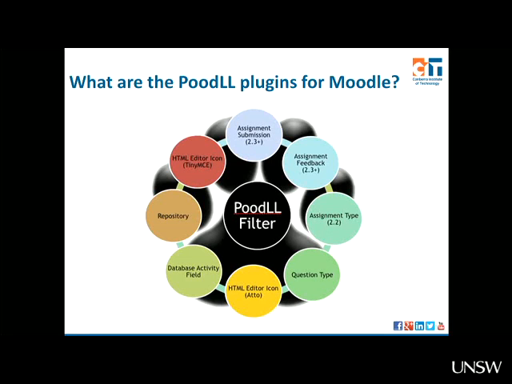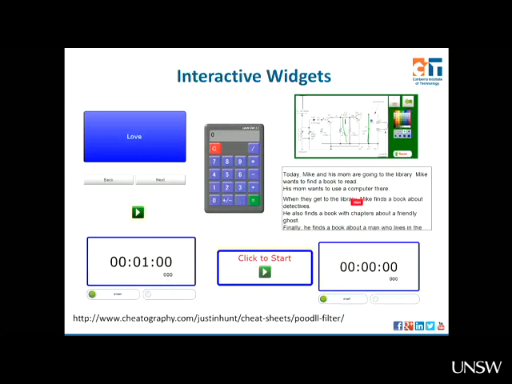And then there's also the 2 editors here. The newer one, the Atto editor, which I think was from 2.6 onwards, and the older TinyMCE editor. There's a repository and a database field as well. So that's the collection.